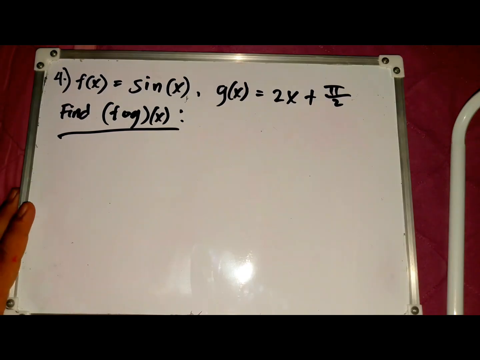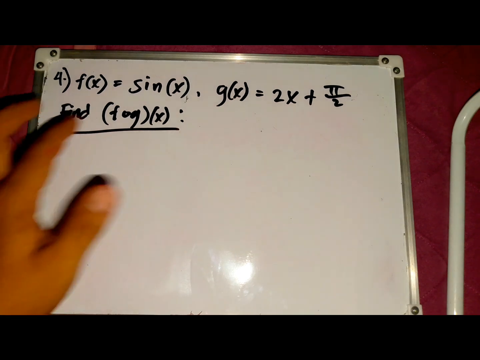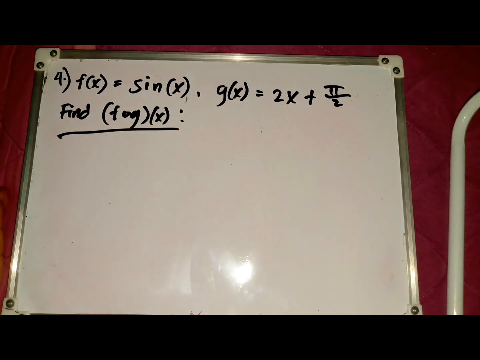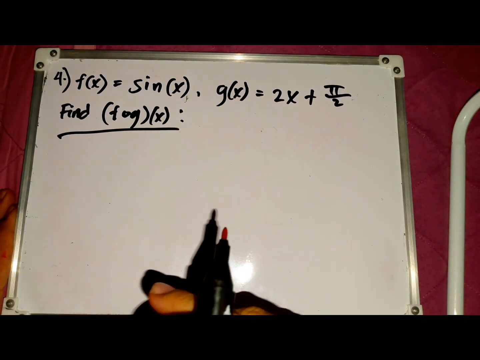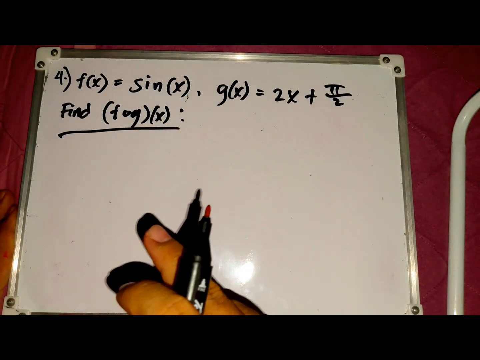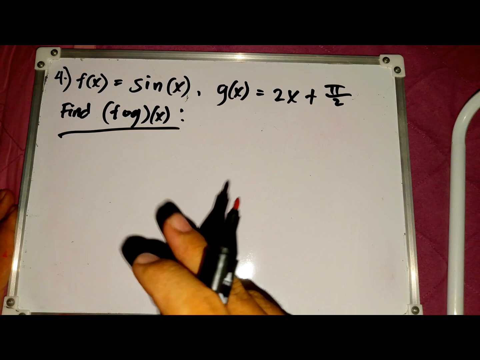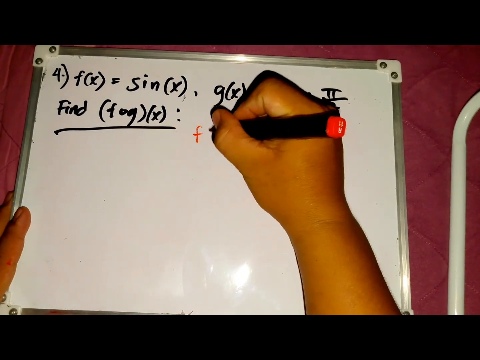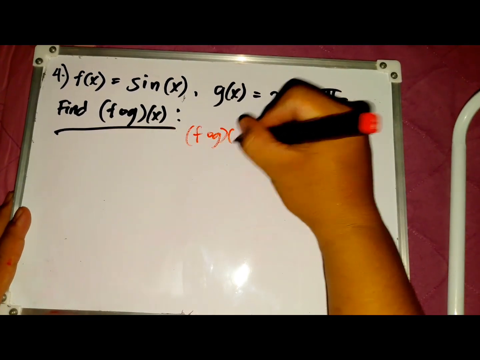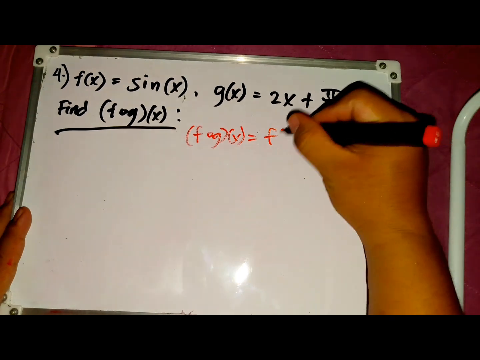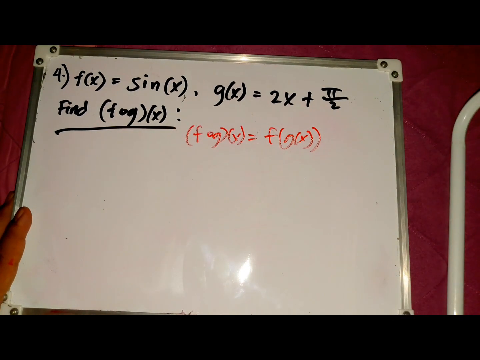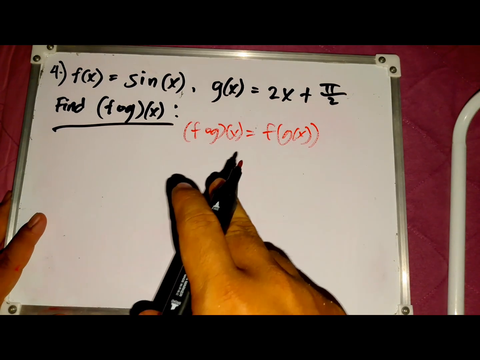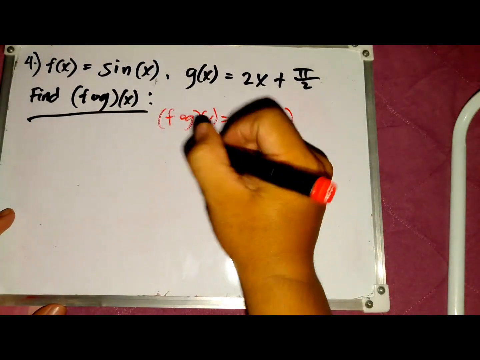Example number 4. f of x is equal to sine x and g of x is equal to 2x plus pi over 2. We need to find f composed with g of x. f composed of g of x is the same as before. Next we need to substitute.